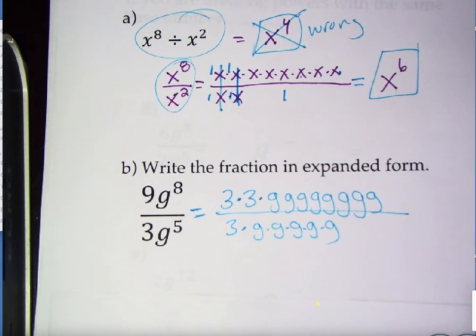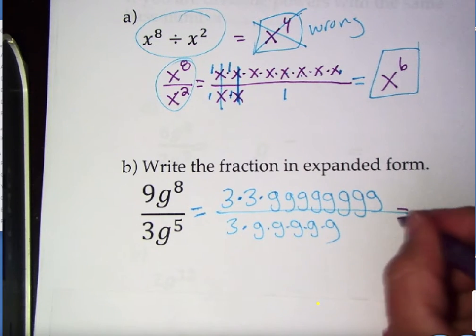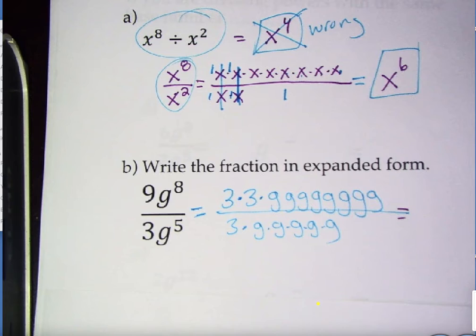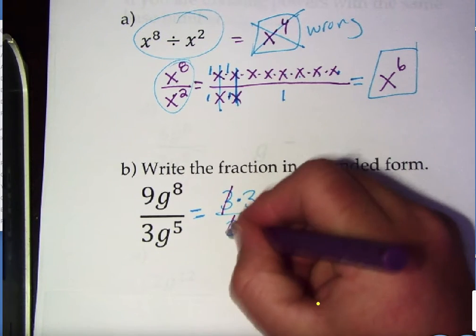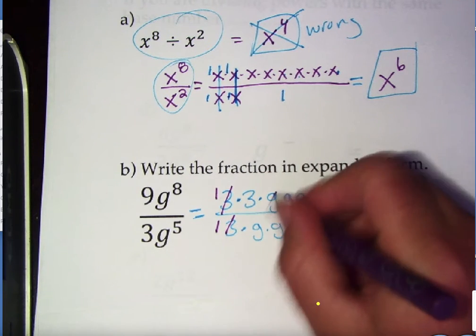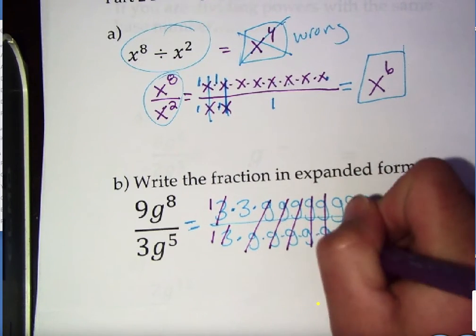Okay, but what if we wanted to know what 9g to the 8th divided by 3g to the 5th is? Well, is there anything we can divide out? Well, yeah, 3 divided by 3 is 1. Is there anything else that we can divide out? Well, someone might be like, yeah, there's this, this, this, this, and this.